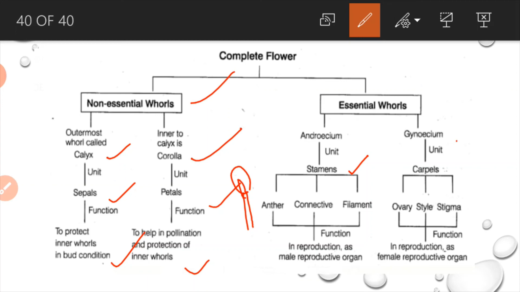Gynoecium consists of carpels. All carpels form the gynoecium, and each pistil is formed of stigma, style and ovary. The main function of the ovary is in reproduction. It is the female reproductive part of the flower. So this completes flower.